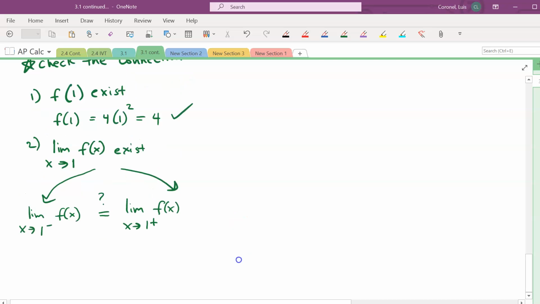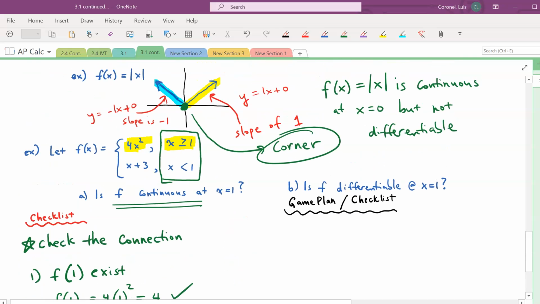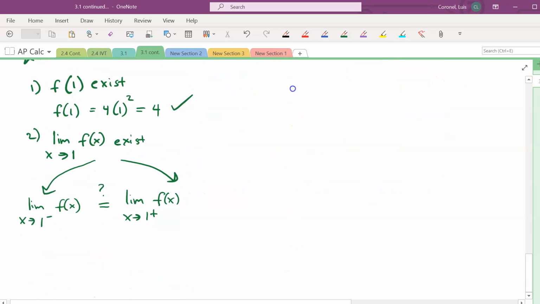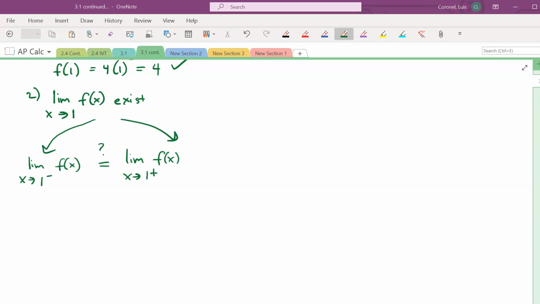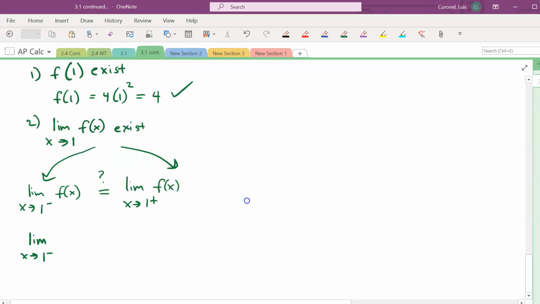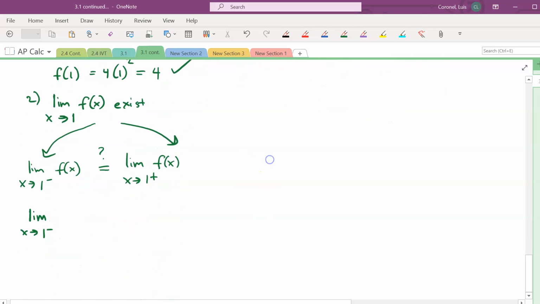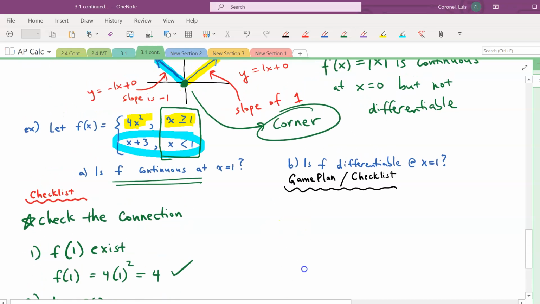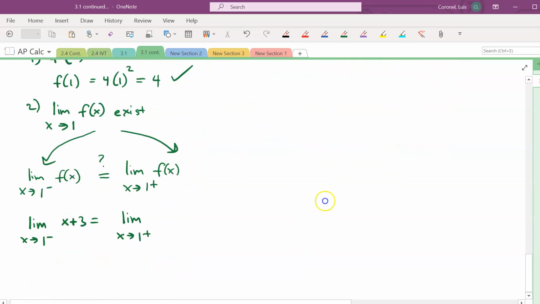Alright, so what's to the left of 1? To the left of 1, that's the less than. So this is the part that we're going to use: x less than 1, where the function is x plus 3. So we have the limit as x approaches 1 from the left of x plus 3, equals, and we're not sure, we have to check if they're equal to each other, the limit as x approaches 1 from the right, where the other function is 4x squared.